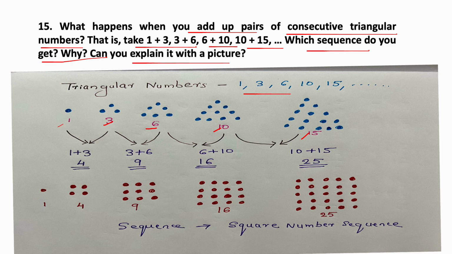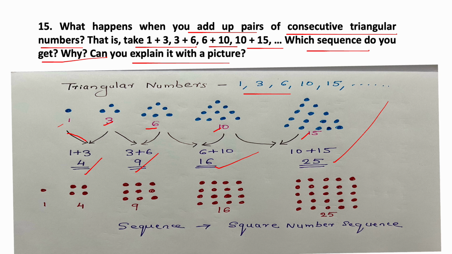Then what happens when you add up pairs of consecutive triangular numbers? See, 1 and 3 are consecutive triangular numbers. 1 plus 3 is 4. The next consecutive pair of triangular numbers, 3 plus 6, is 9. Then 6 plus 10 is 16, 10 plus 15 is 25.